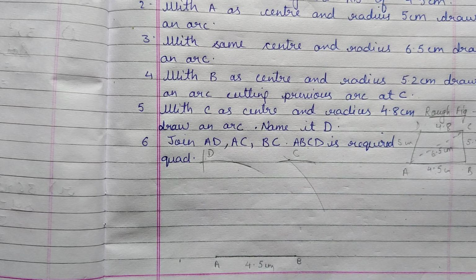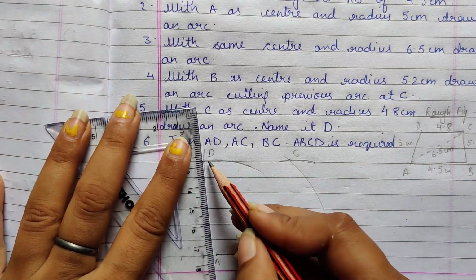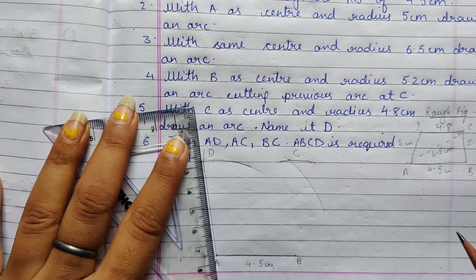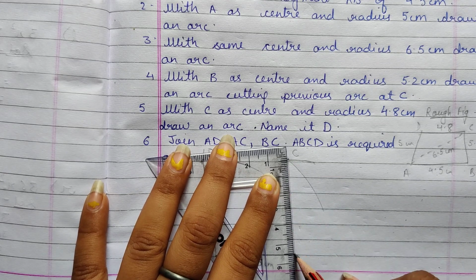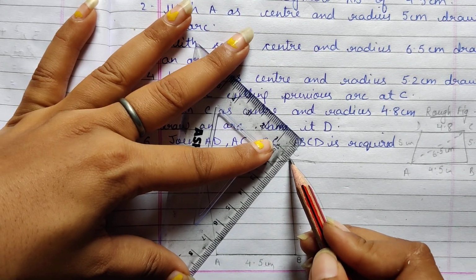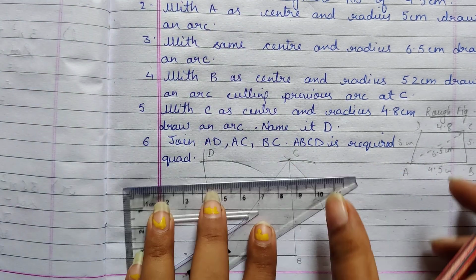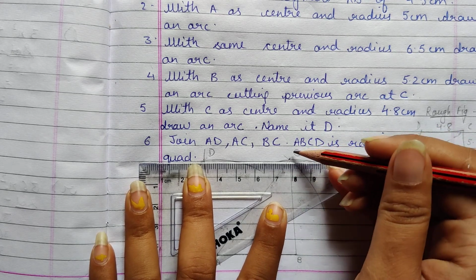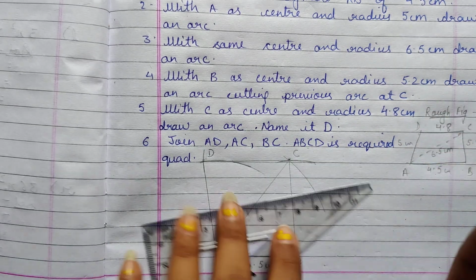Now all you need to do is join all the points. So join D and A, then join B and C, also join point A and C, then at the end join the fourth side of the quadrilateral, which is CD.